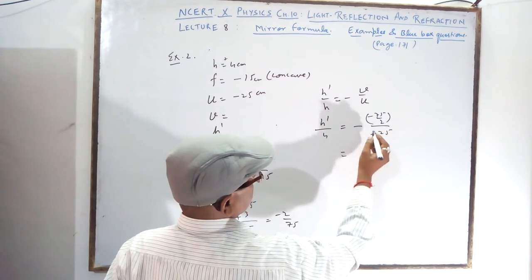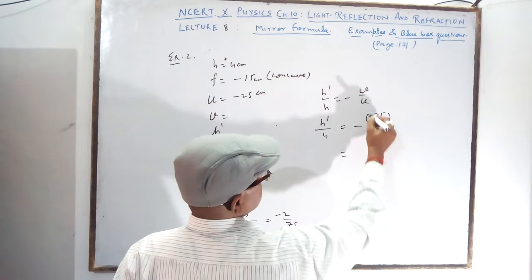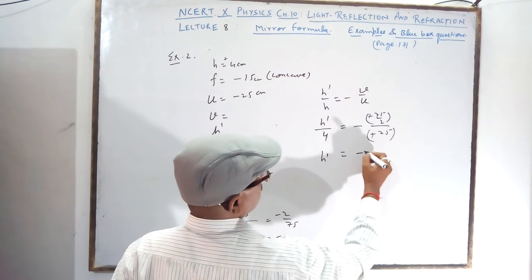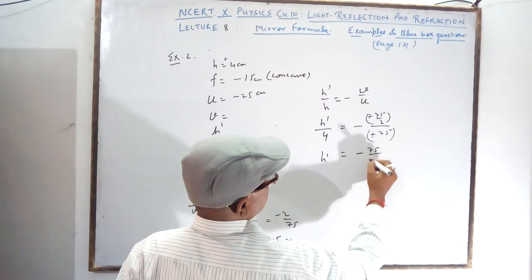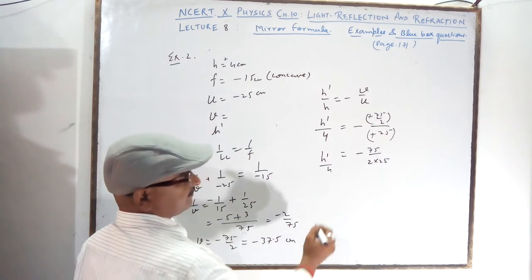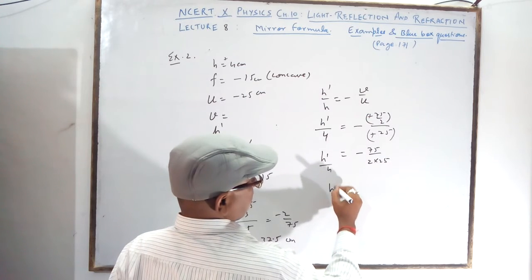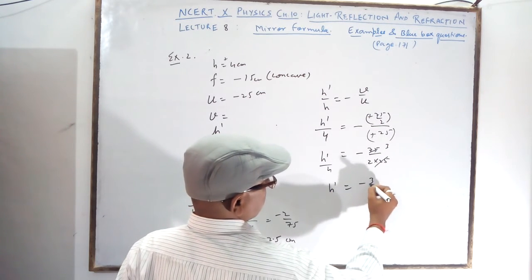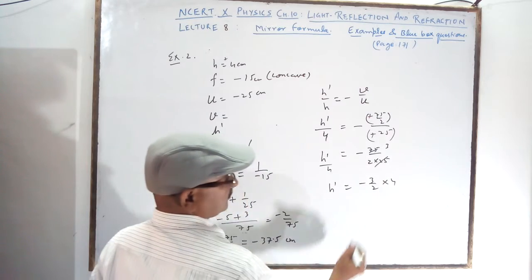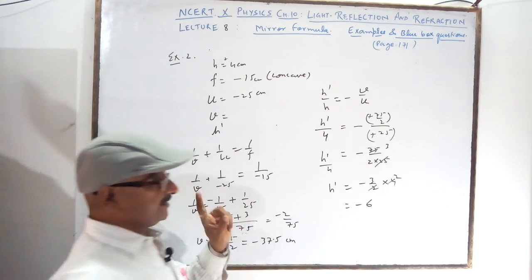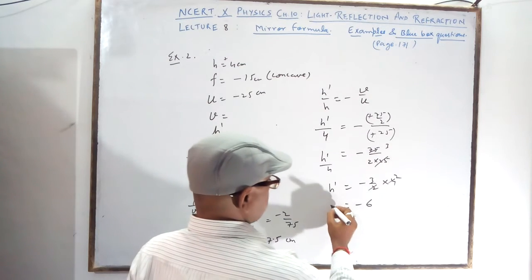So the minus and minus cancel. So you are getting H dash is equal to 75 by 2 into 25, into 4. 25 3s are 75, so 3 by 2 into 4, 2 2s are 4, so 6. Magnification is minus; you are getting the H dash.